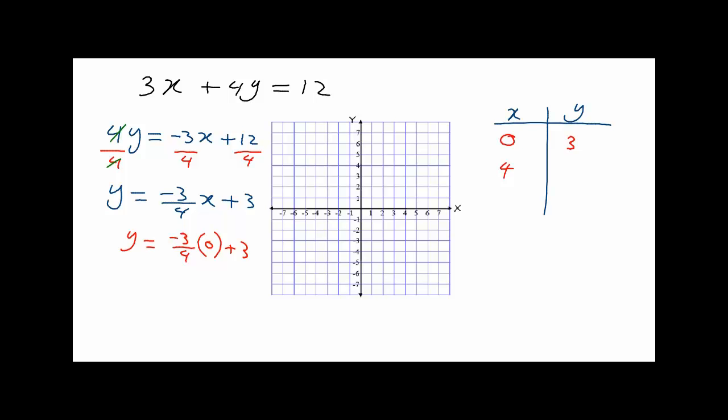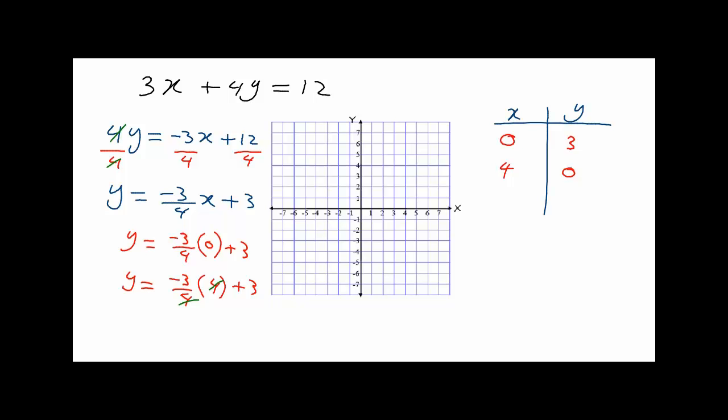For example, this will make y equals negative 3 over 4 multiplied by 4 plus 3. As you can see, you can simplify by deleting 4 with 4. So negative 3 plus 3, which is going to be equal to 0 as a y value.